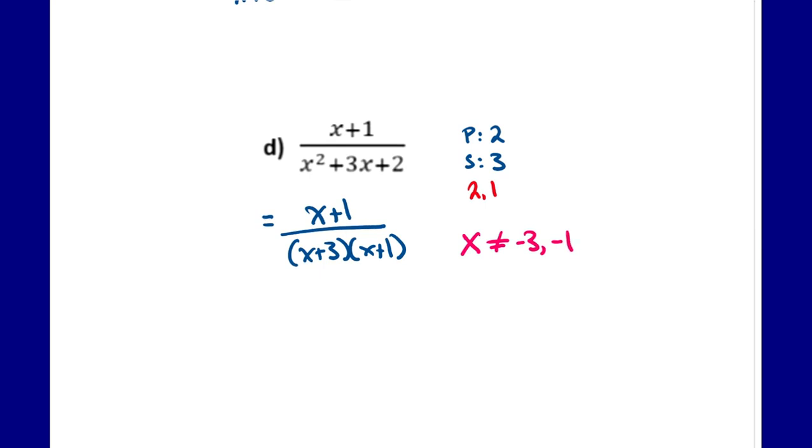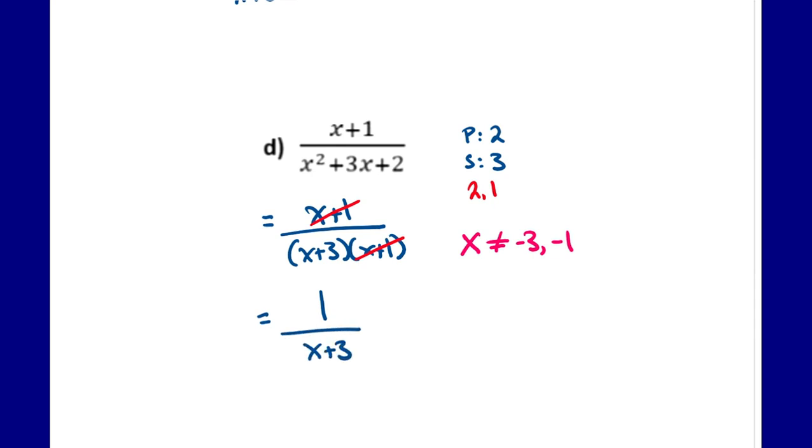If you need to go through and set each factor equal to 0 or not equal to 0 and then solve for x, you're more than welcome to, but hopefully we are becoming a little bit more familiar with, okay, well, move the plus 2 over, becomes minus 2, and so on. I can now go through and simplify. I can cancel out this factor on the bottom with the x plus 1 on top. I'll be left with 1 as a placeholder and x plus 2 in the denominator.